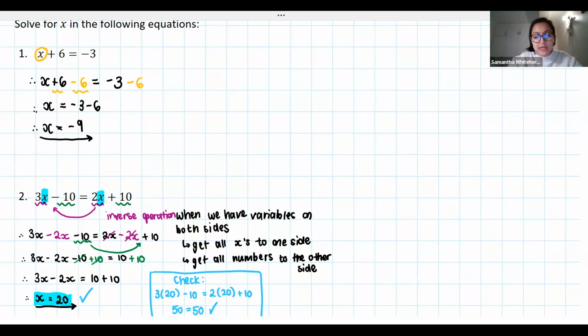Yes, you essentially have to group your like terms together on each side of the equation. Oh, okay, that's my question. Thank you. Okay, so guys, that's actually a really nice way of thinking about it. For equations, you essentially want to group your like terms together. So all your x terms go to one side of your equation, all of your constants go to the other side of the equation. You're grouping your like terms.